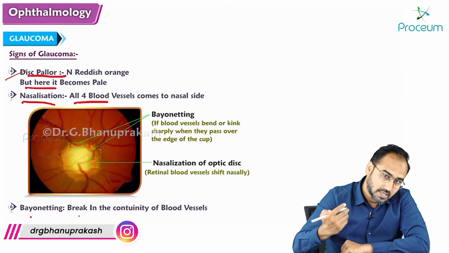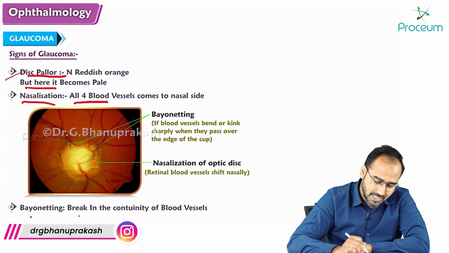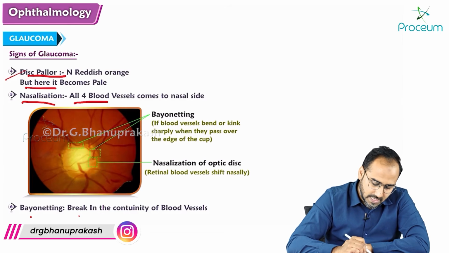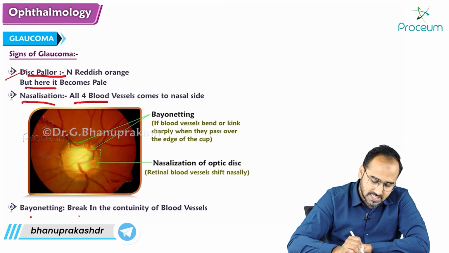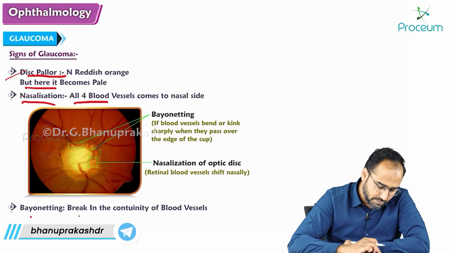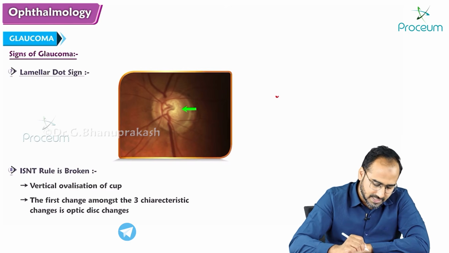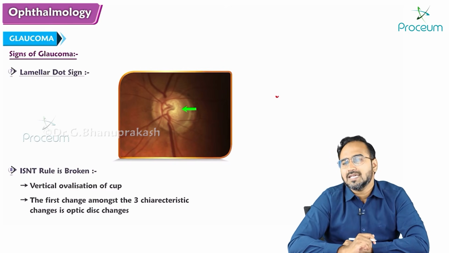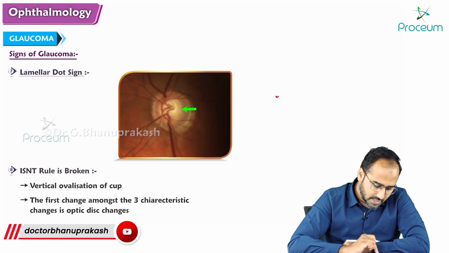Next, all blood vessels come to the nasal side, called nasalization of the blood vessels. Bayoneting means the blood vessels which are supplying get broken or kink or bend, called the bayoneting sign. Next is the laminar dot sign: a dot appears in the cup. These are the signs of glaucoma.